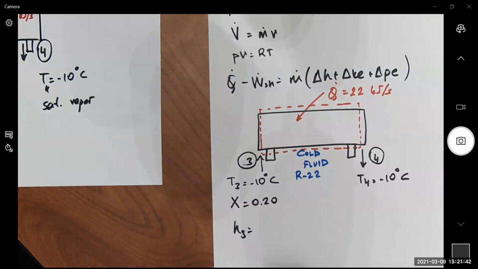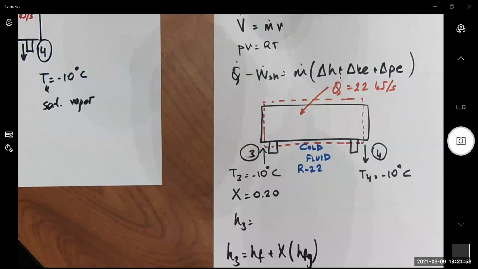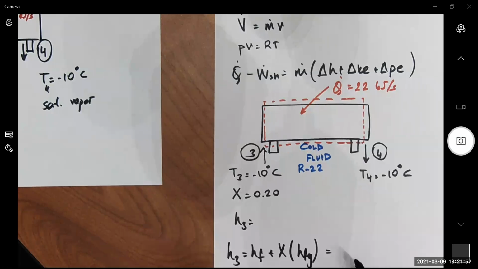Now by using that information, I know how to find my enthalpy from my quality factor. I know my HF and HG, and as a difference, I know my quality X. So I can calculate my H.